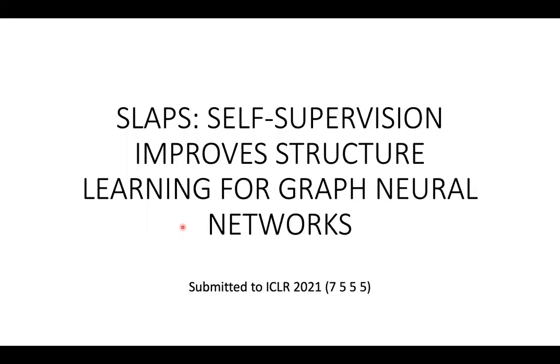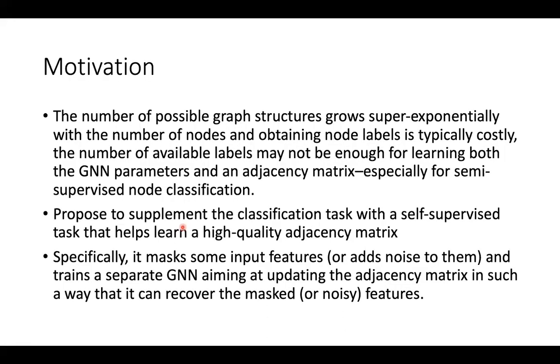And secondly, if we want to do the node classification task without knowing the graph structure on the graph benchmarks, then the labels may not be enough for the model to both learn a good prediction for node labels and also learn the structure. So essentially, the idea is to add another self-supervised task to facilitate the learning for both graph structure and the GNN for node classification. Yeah, that's basically the motivation here.